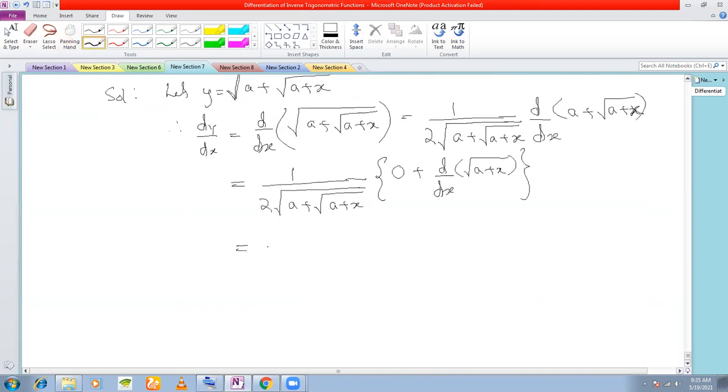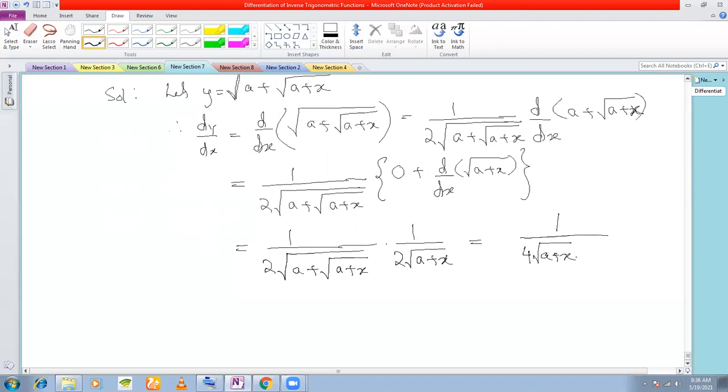So this will be 1 by 2 root of (a plus root of (a plus x)), okay, into d/dx of root a plus x is 1 by 2 root a plus x, into d/dx of a plus x, which is 1, we all know. Okay, so your answer should be 1 by 4 root (a plus x) into root of (a plus root of (a plus x)).